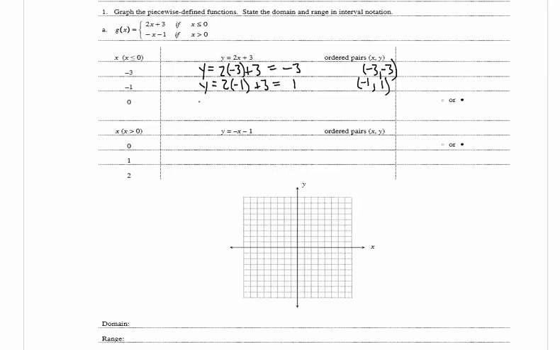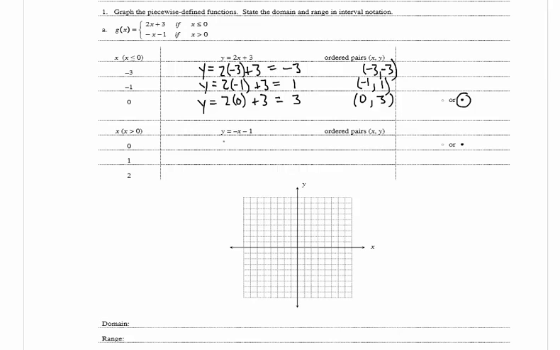And for x is equal to 0, then y is equal to 2 times 0 plus 3, and 2 times 0 is 0, and then we have plus 3, so y is equal to 3. So we have 0, 3 as the ordered pair. And now, when we look at the individual domain for 2x plus 3, if x is less than or equal to 0, because we're or equal to, we're going to have a solid dot there because we can include 0.